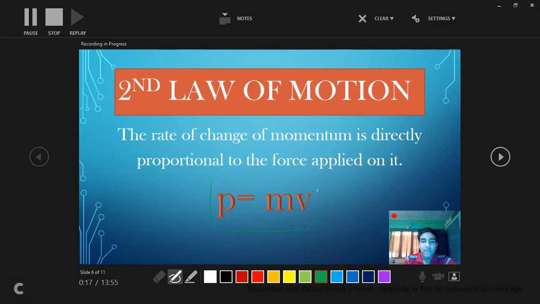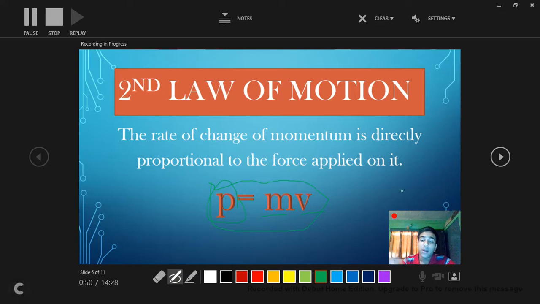It is a physical quantity which depicts mass into velocity, the product of mass and velocity. M stands for mass, V stands for velocity, and momentum is depicted by P.